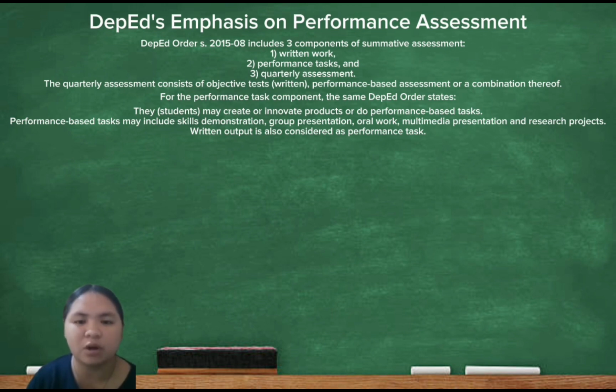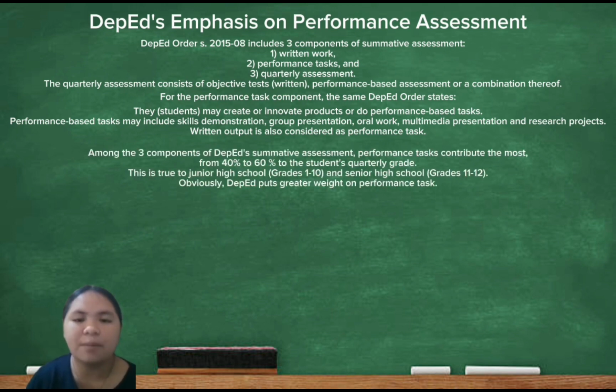Written outputs are also considered as performance tasks. Among the three components of DepEd summative assessment, performance tasks contribute the most, from 40% to 60% of the student's quarterly grade. This is true for junior high school, grades 1 to 10, and senior high school, grades 11 to 12. Obviously, DepEd puts greater weight on performance tasks.